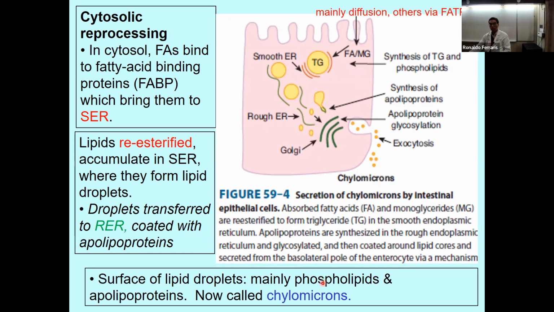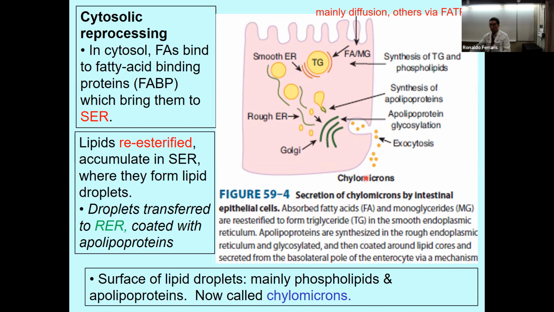So now the surface of these lipid droplets is mainly apolipoproteins and also phospholipids. Remember that phospholipids, always from your organic chemistry, have a polar head group and a non-polar tail. So that's why their hydrophilic components would be on the surface of these lipid droplets. At this stage, these are now called chylomicrons.